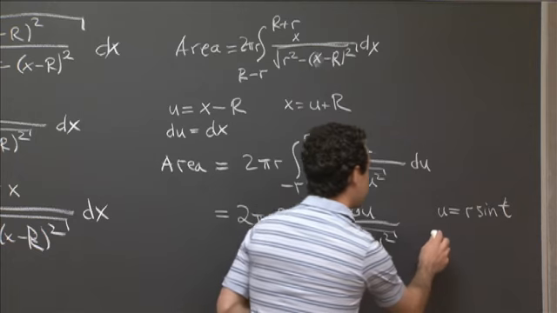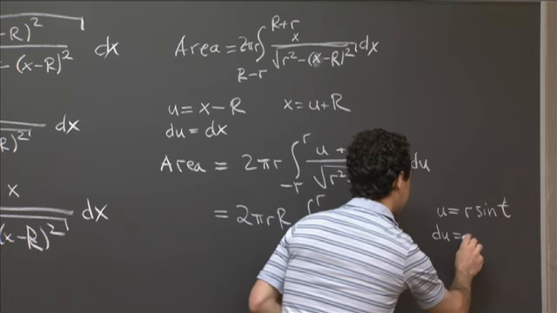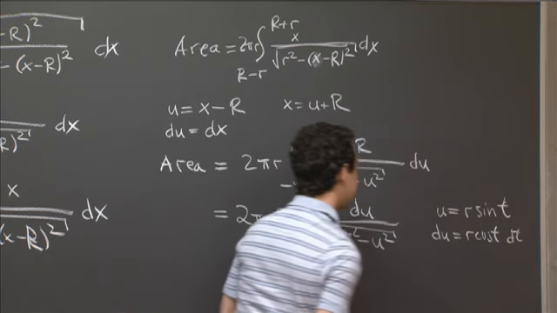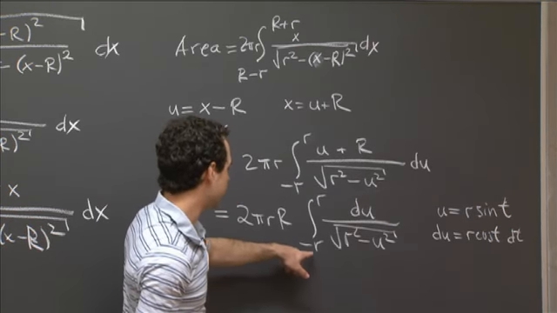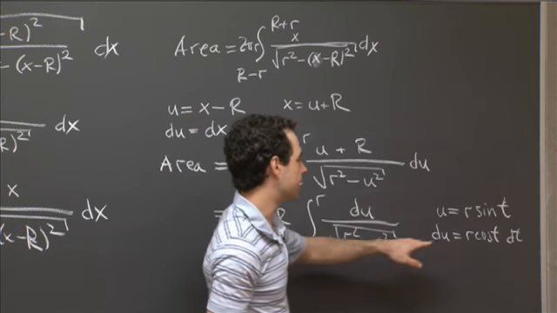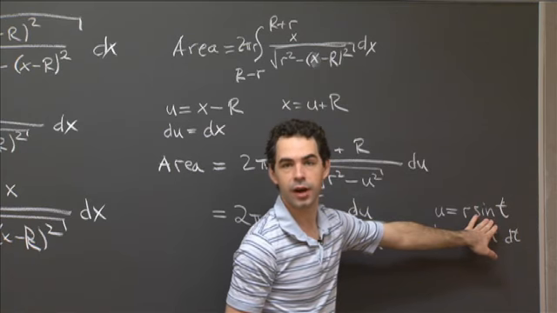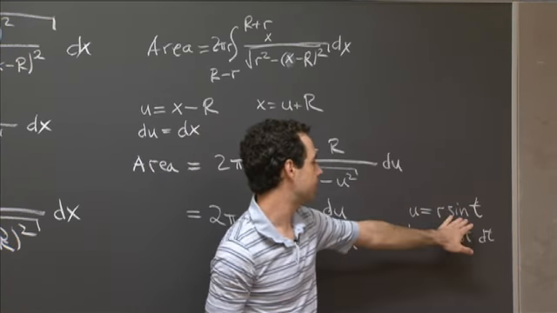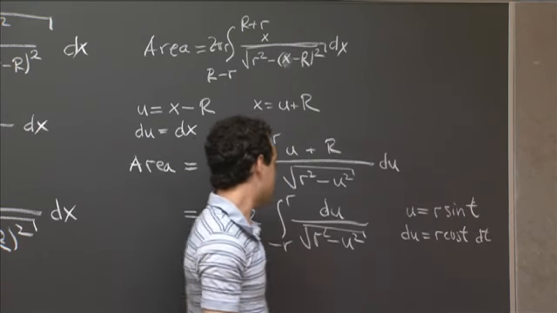So du is r cosine t dt, and I need to change the bounds. Minus u is equal to minus r when sine of t is equal to minus 1, so that's at minus pi over 2. And u is equal to r when sine of t is equal to 1, so that's at pi over 2.